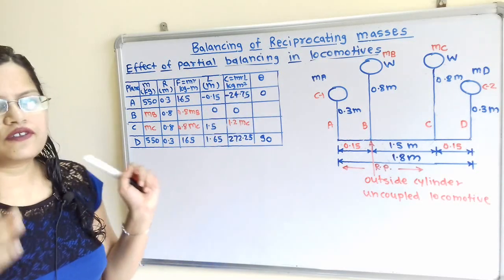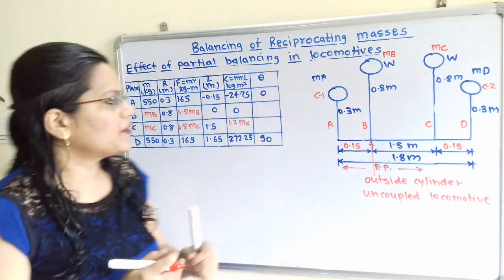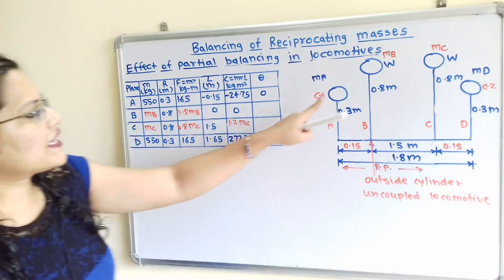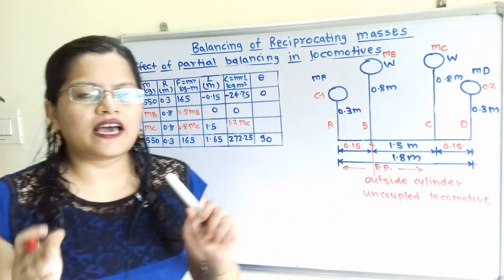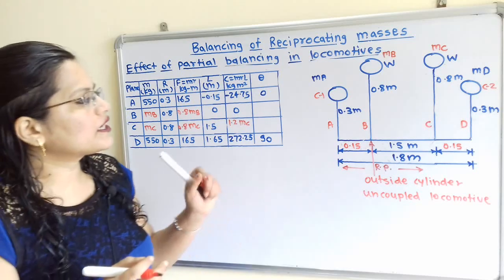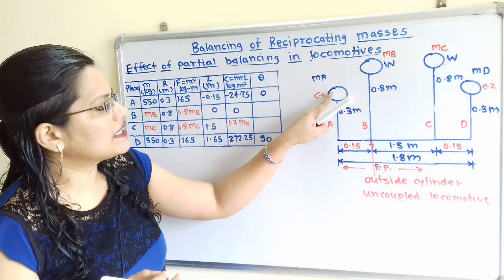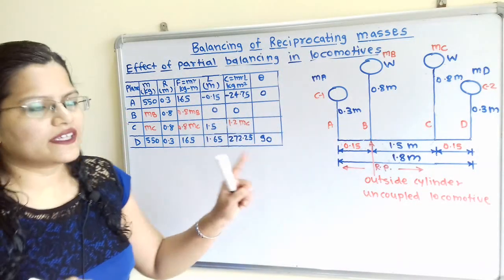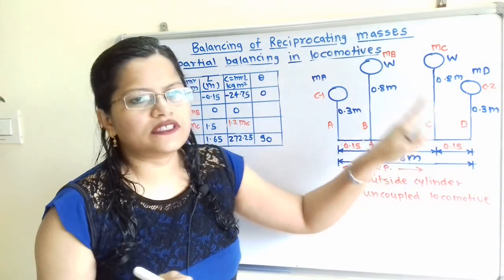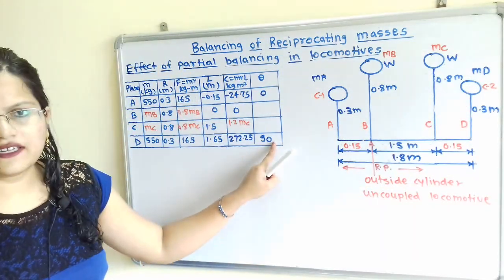Now we will find out the angular position theta. If we observe, the cranks at these two cylinders are 90 degrees apart. So if we consider the crank for cylinder 1 is at 0 degree, then the crank for cylinder 2 is 0 plus 90, that is at 90 degrees.